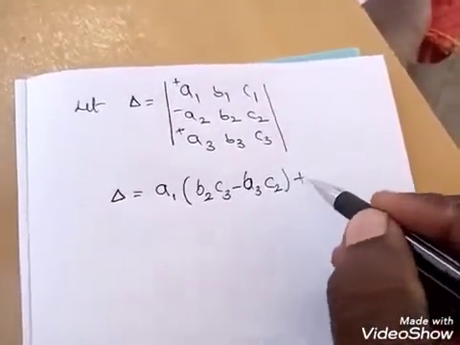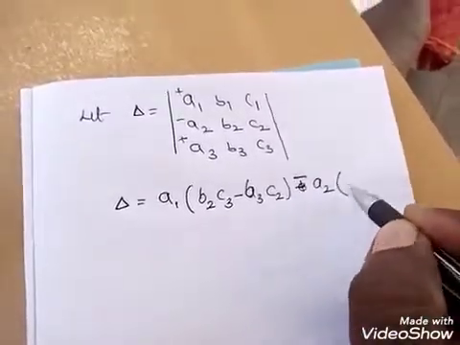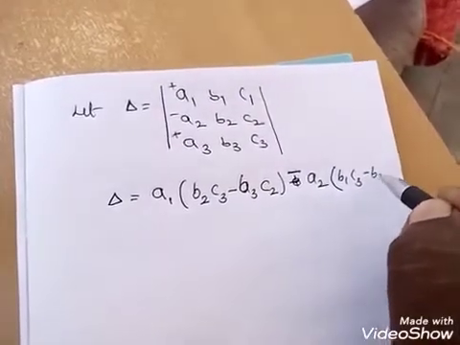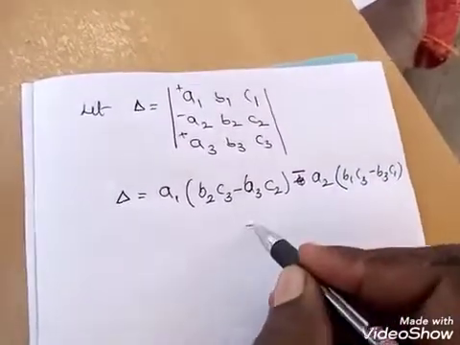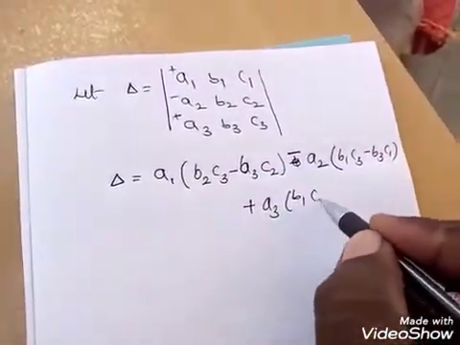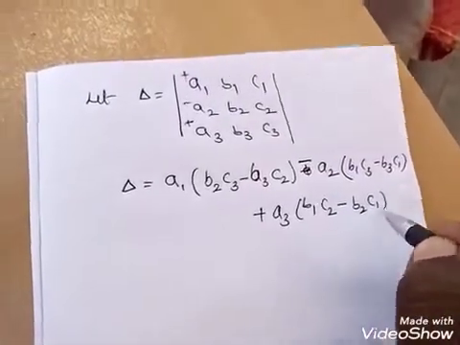Next, minus A2 into, remove the row and column, B1 C3 minus B3 C1, plus A3 into, again remove the row and column, B1 C2 minus B2 C1.